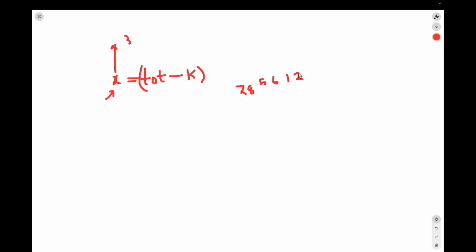Let's write 1 2, then 3 4, then 5 6. There are three such increasing arrays.